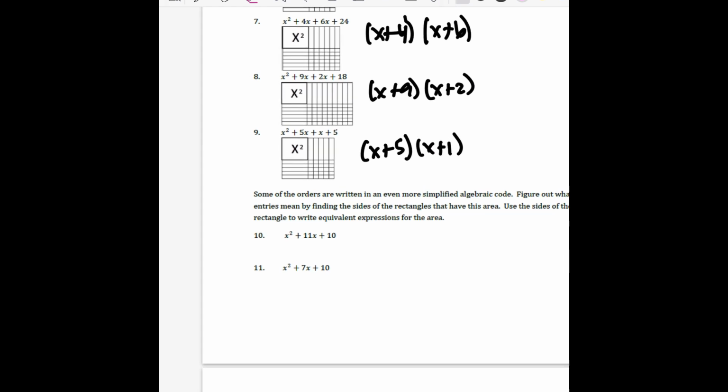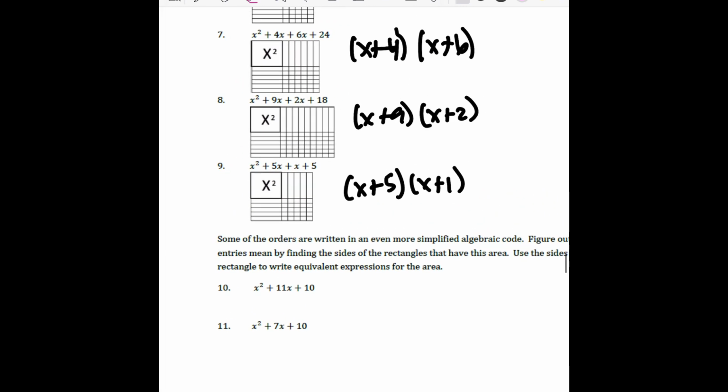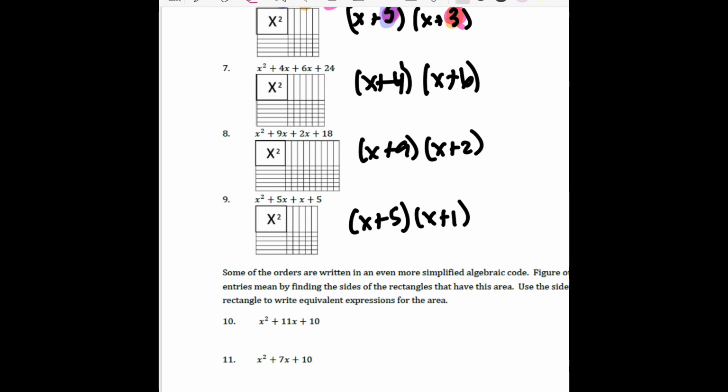Okay, some of the orders are written in an even more simplified algebraic code. So what is different? I want you guys to look and notice what's different between these and these. Hopefully you see these are split out a little bit.